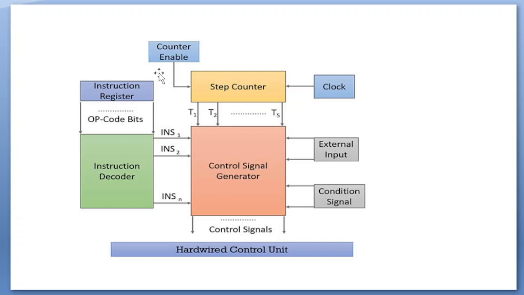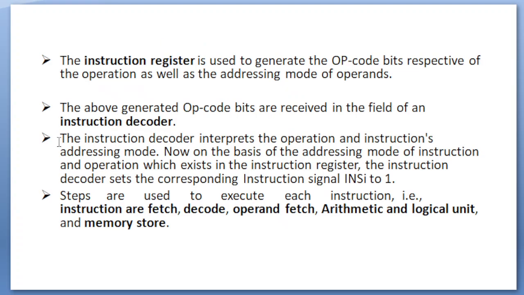First look at the components in a hardware control unit. Here you can see the instruction register, instruction decoder, step counter, external input, conditional signals, and one control signal generator. Let's look into each component.